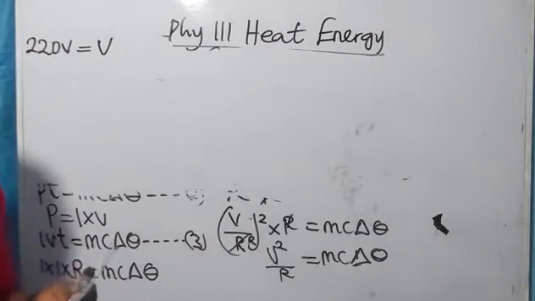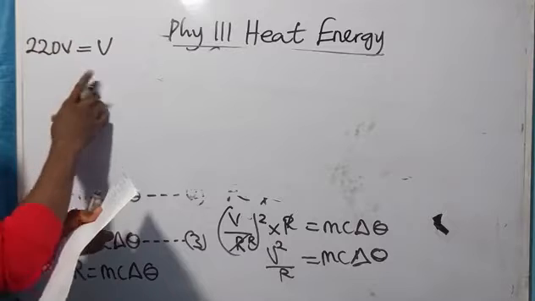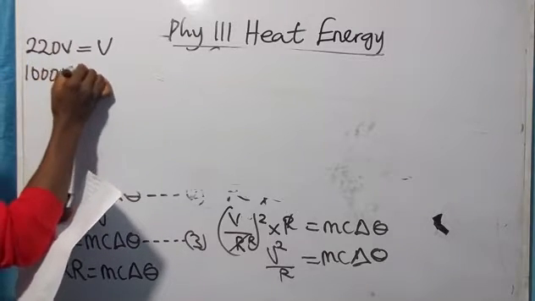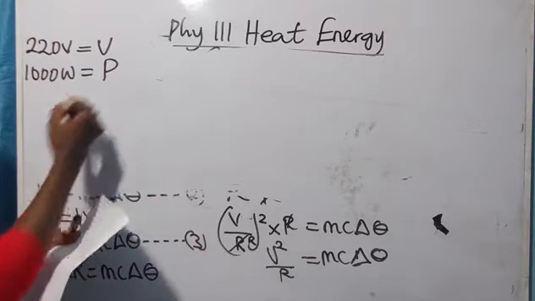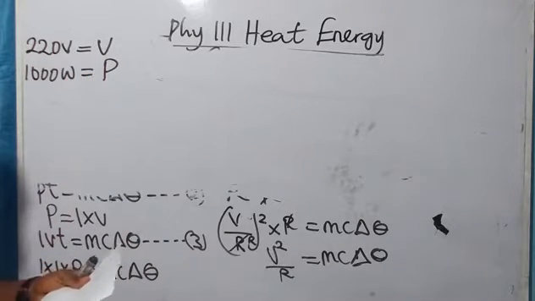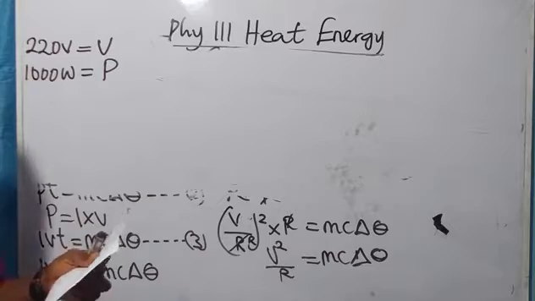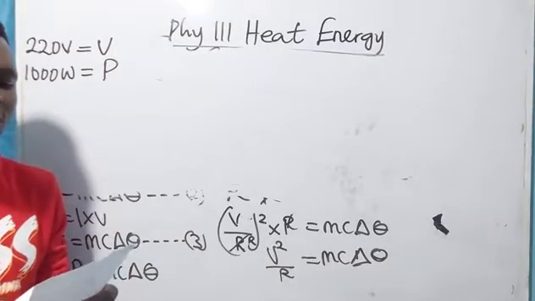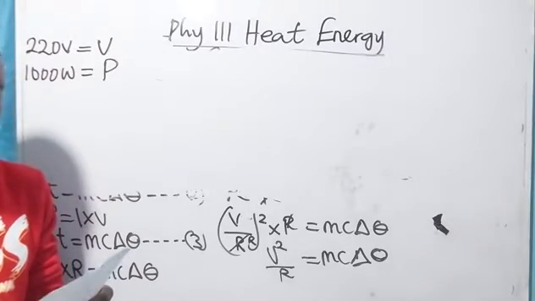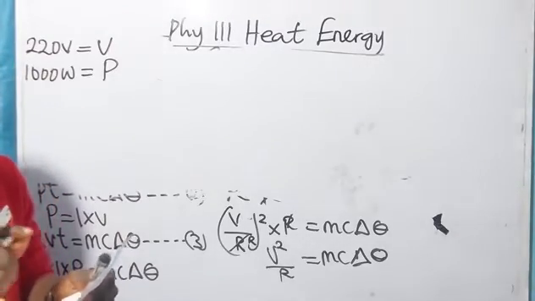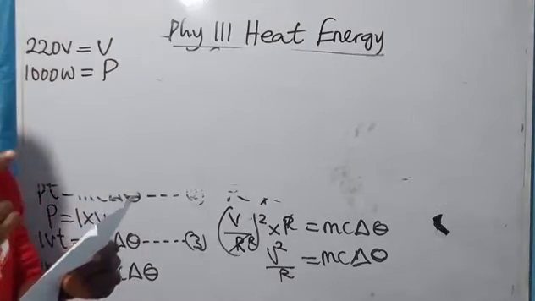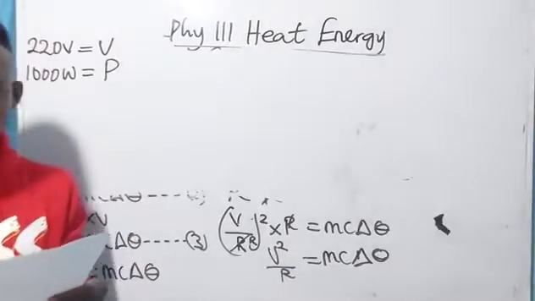An electric heater rated 220 volts, then 1000 watts. Watts tells you power, right? Because power is measured in watts. Is immersed in a bucket full of water. Calculate the mass of water if the temperature changes from 30 degrees Celsius to 100 degrees Celsius.